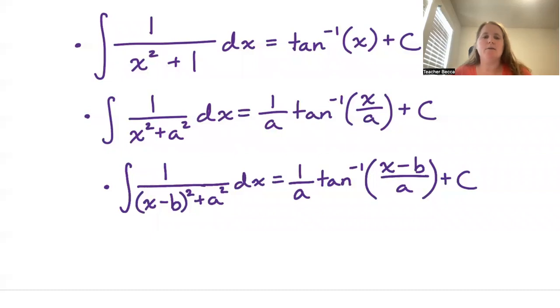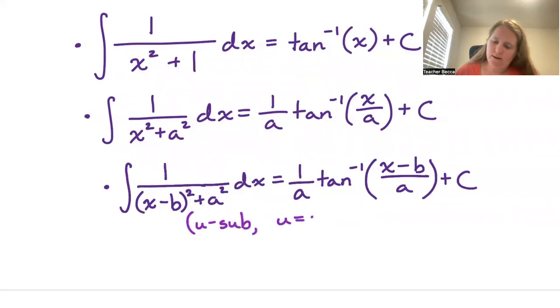Again, we can get that by using u sub, with u equaling x minus b and du therefore being dx.